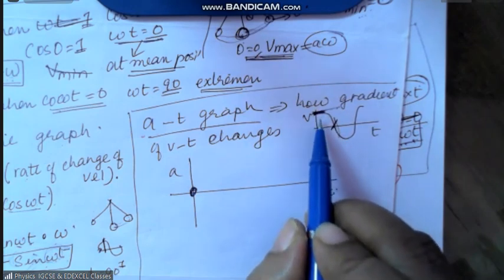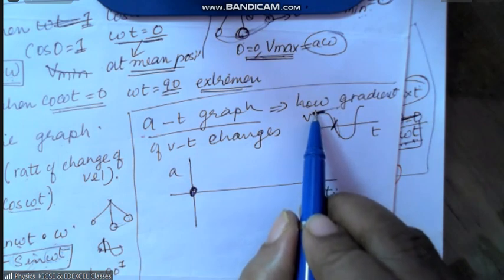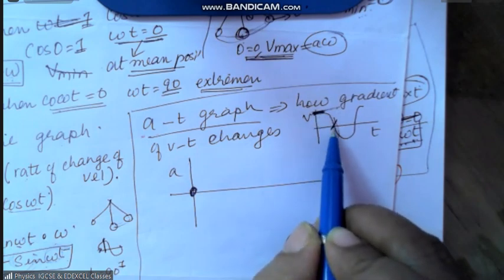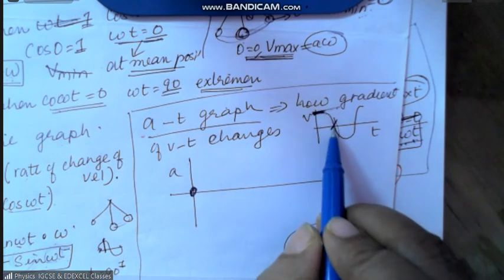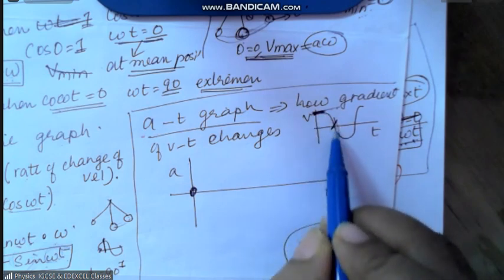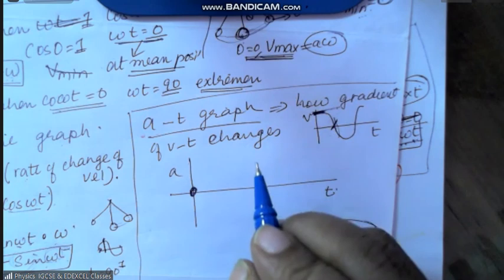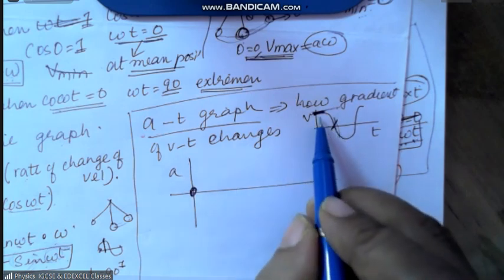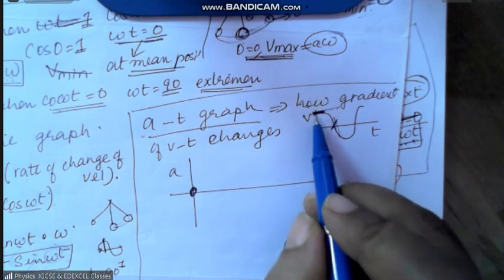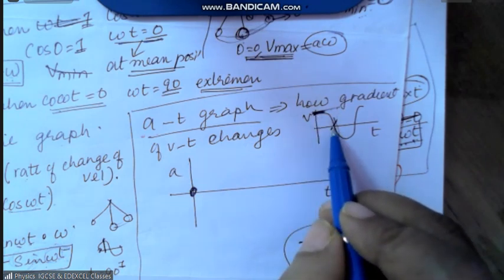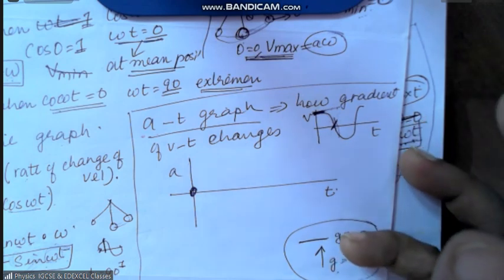Then the gradient or slope is negative, right? The gradient is increasing in magnitude. And remember, this is a negative gradient. What do you mean by negative gradient?